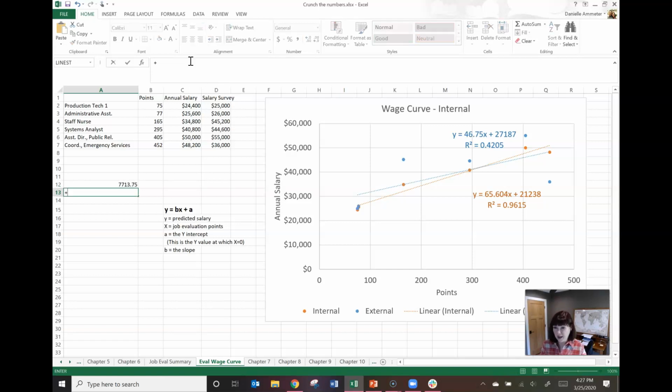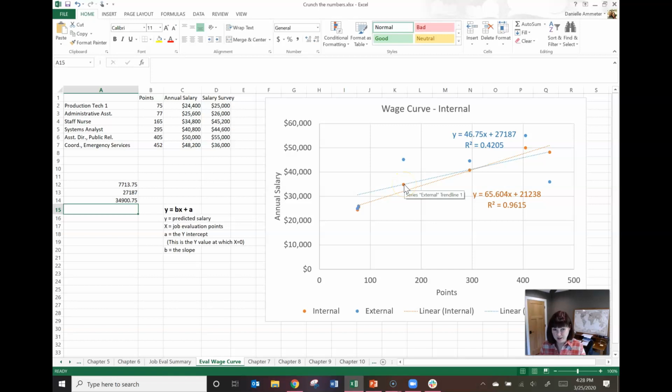We add that to the 27,187 to come up with 34,900. What's interesting with that is that if we just look at this market pay line and that 165, we're right on that market pay line.